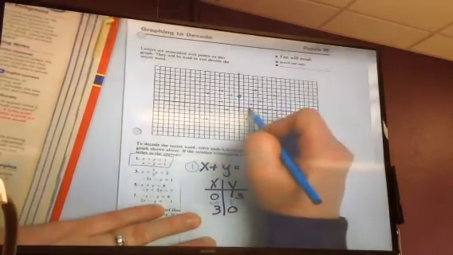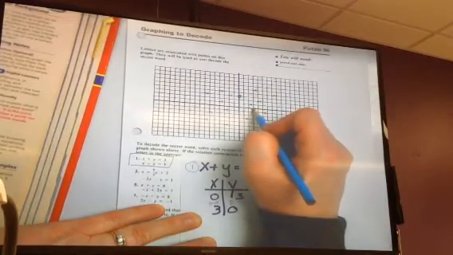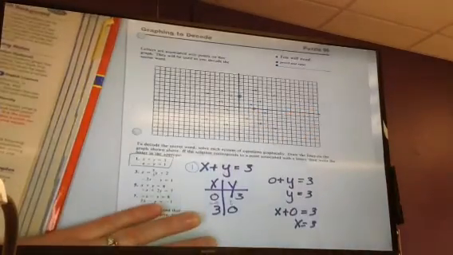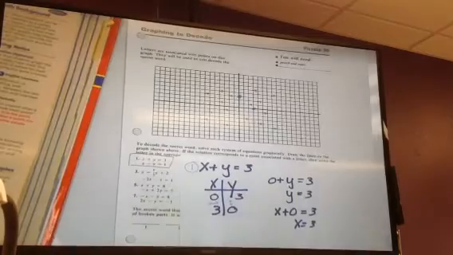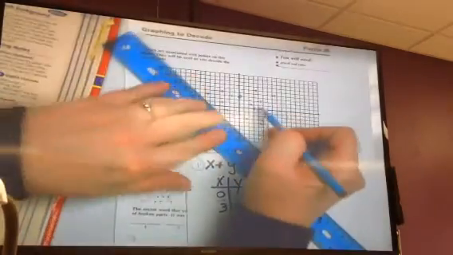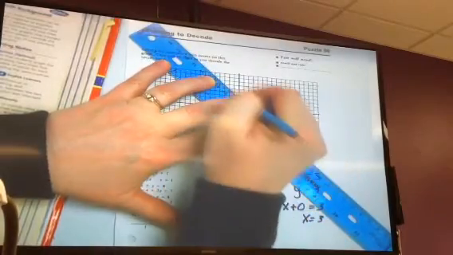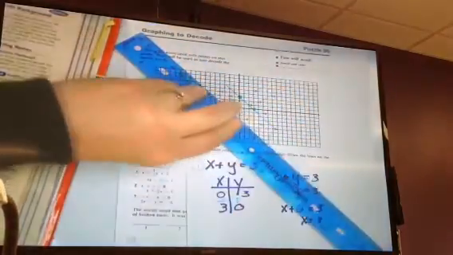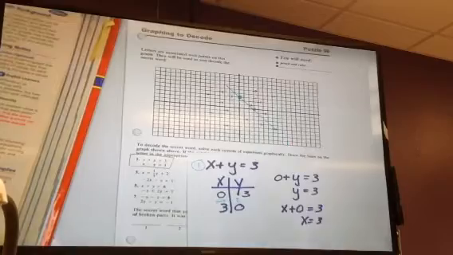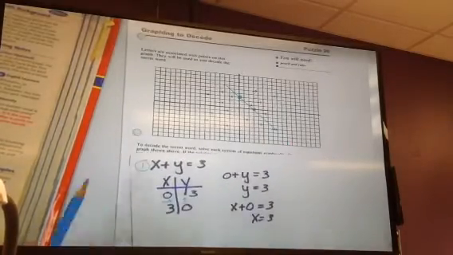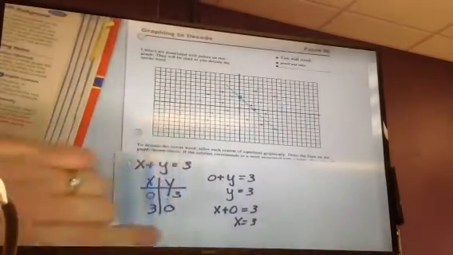So 3, 0 would end up right here. Okay? When I take this and I connect my dots, there's my first line.